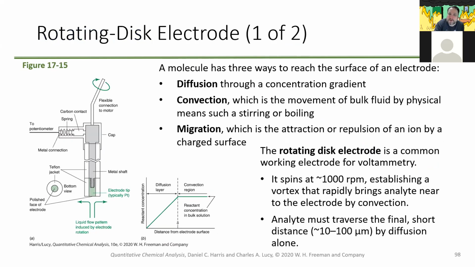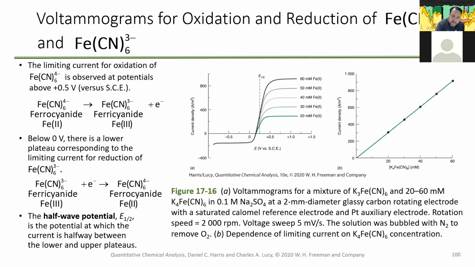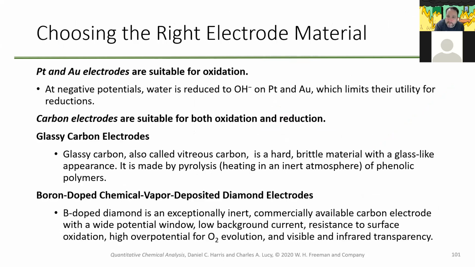Rotating disc electrode, I'm just going to tell you we're not going to ask about that. If I give you a series of voltammograms, could you convert that into here? And then let's say you've got something that comes in here, what's its concentration?